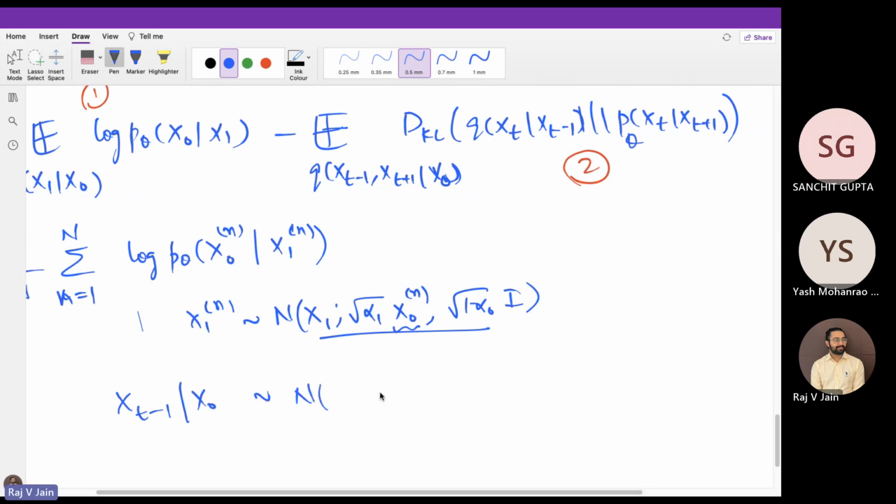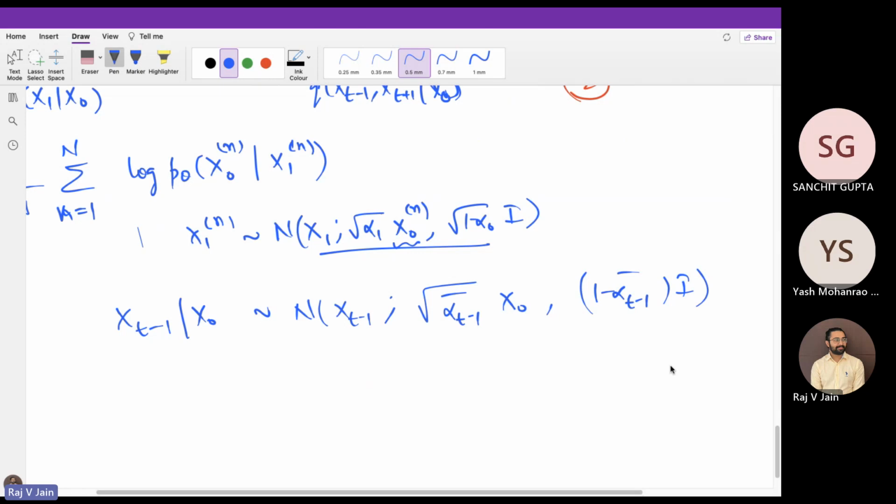Sampled as a Gaussian with mean root of alpha_{t-1} bar times x naught, and variance 1 minus alpha_{t-1} bar times I. Okay, fine.